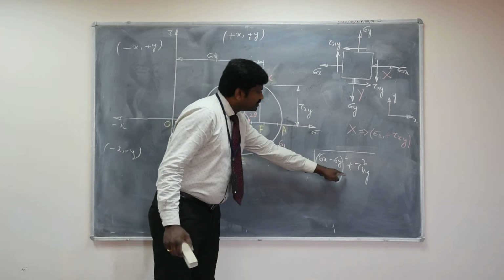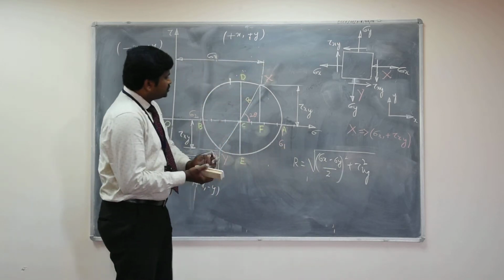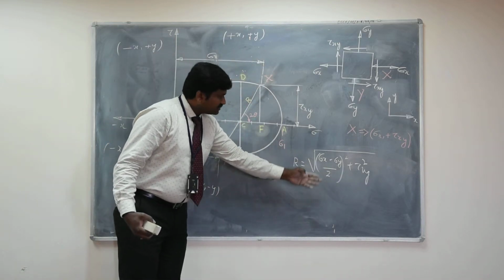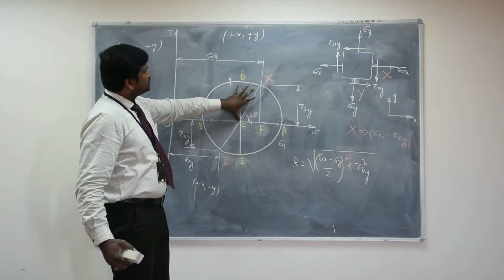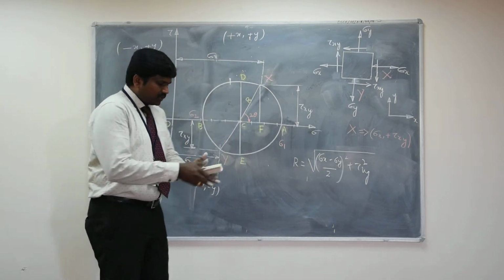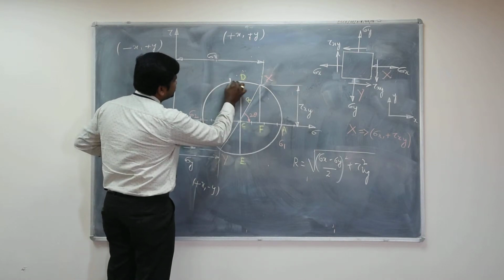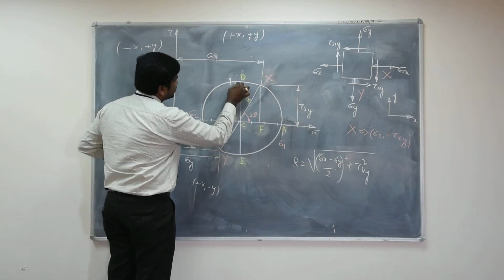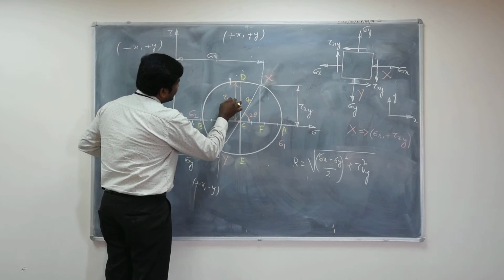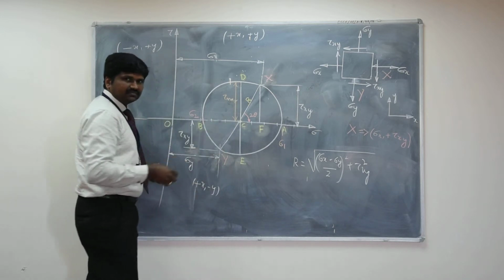So this will directly give the radius of a Mohr circle. You don't need to worry about this mathematical equation. Directly measure this radius, and that will give you the shear stress. The distance from this to this is tau max, the maximum shear stress.